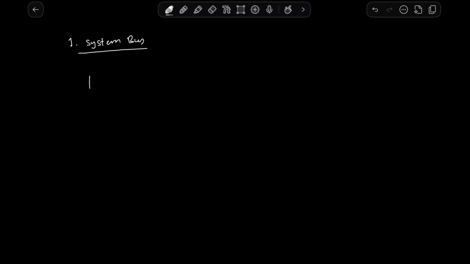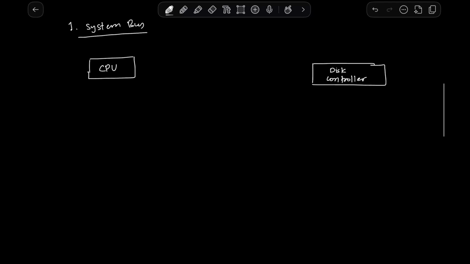So assume this rectangle as CPU. Now this one is disk controller. Now we'll keep limited components in the diagram so that we could focus on the system bus rather than all the components at once. This one, assume this is RAM or shared memory.